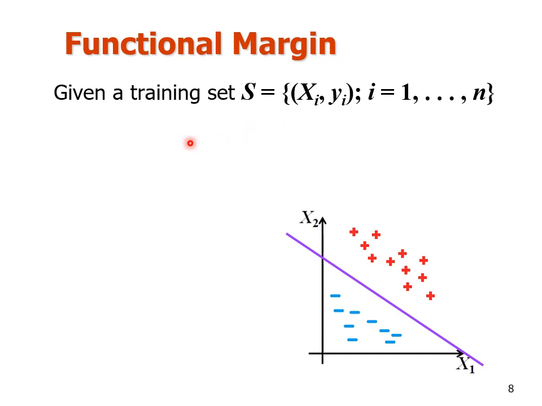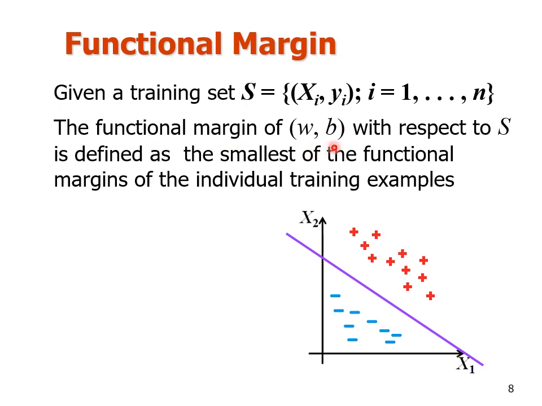Thus, the functional margin of w comma b with respect to training set S is defined as the smallest of the functional margins of the individual training examples, and this is denoted as gamma hat is equal to minimum over i equal to 1 to n of gamma i hat.